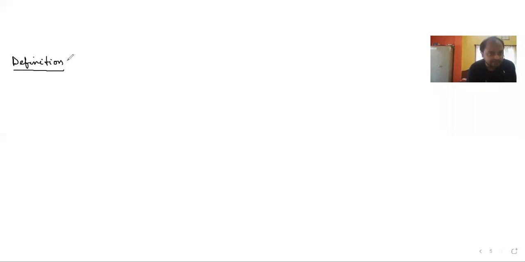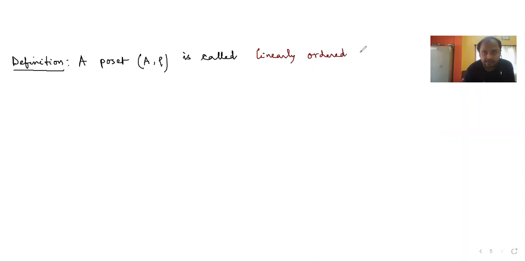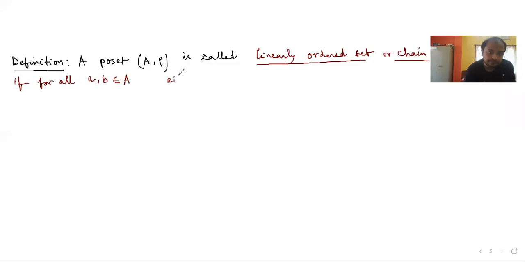This definition goes like this: a POSET A comma rho, where obviously you know that rho is partial order relation, is called a linearly ordered set or chain if for all A comma B belonging to A, either A rho B or B rho A must hold.